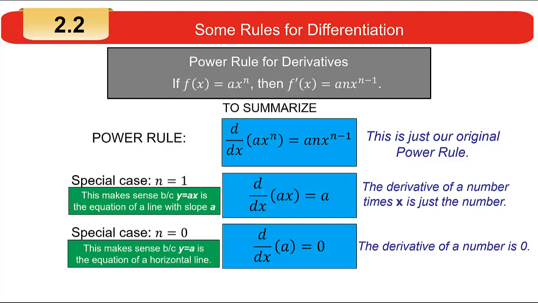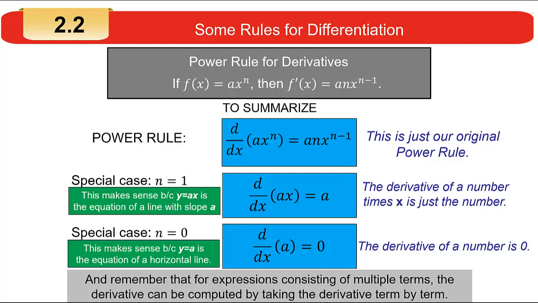And remember that you can take derivatives term by term. So if you've got a bunch of terms strung together, you can do each derivative term by term. This is a very good thing to put into your notes, in one place, so that you can go back and refer to it later very easily.